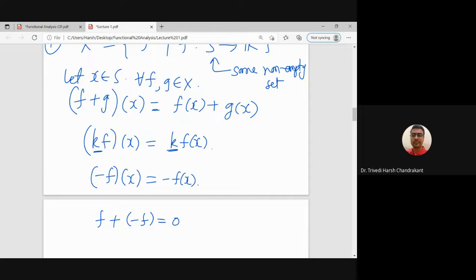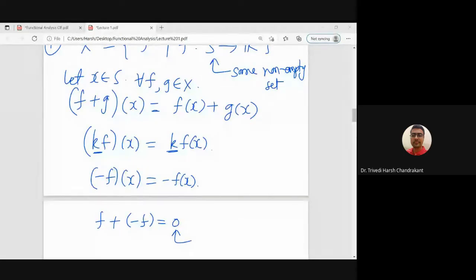And what is 0 here? The zero element of this vector space is not a zero number. It is a zero function, right?